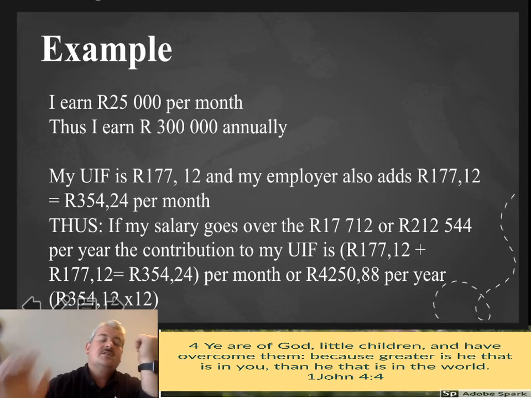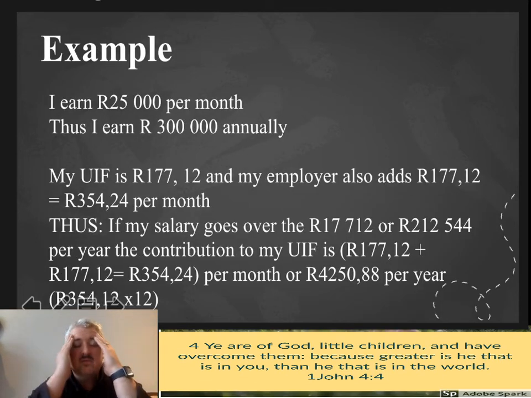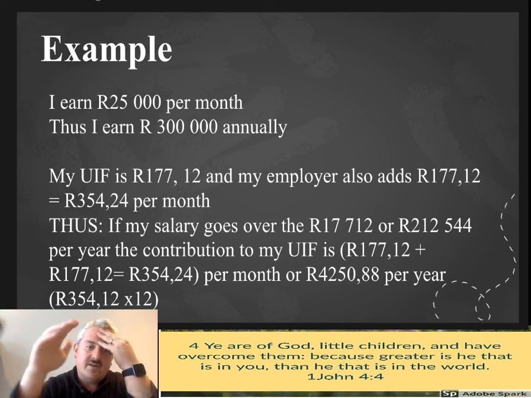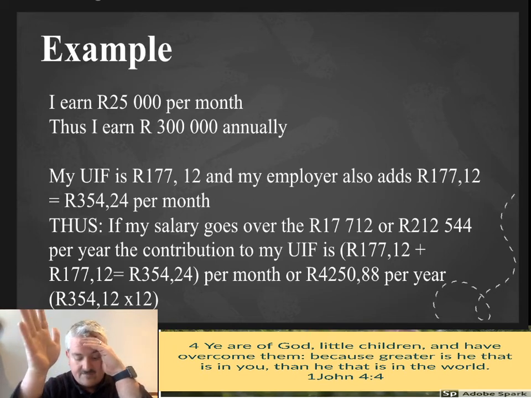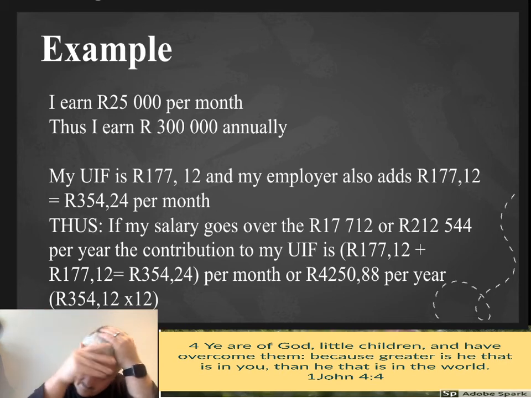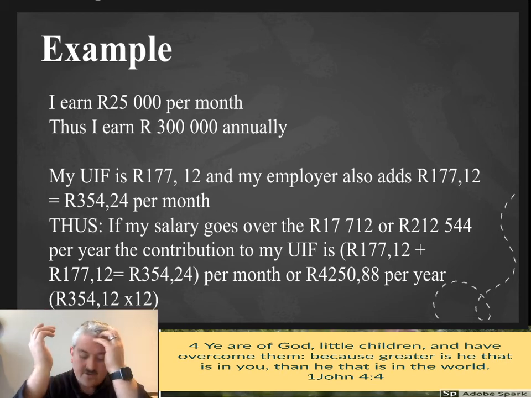Let's do this example, maybe to explain this a little bit better. I earn 25,000 per month. So if someone earns 25,000 per month, they earn 300,000 annually.